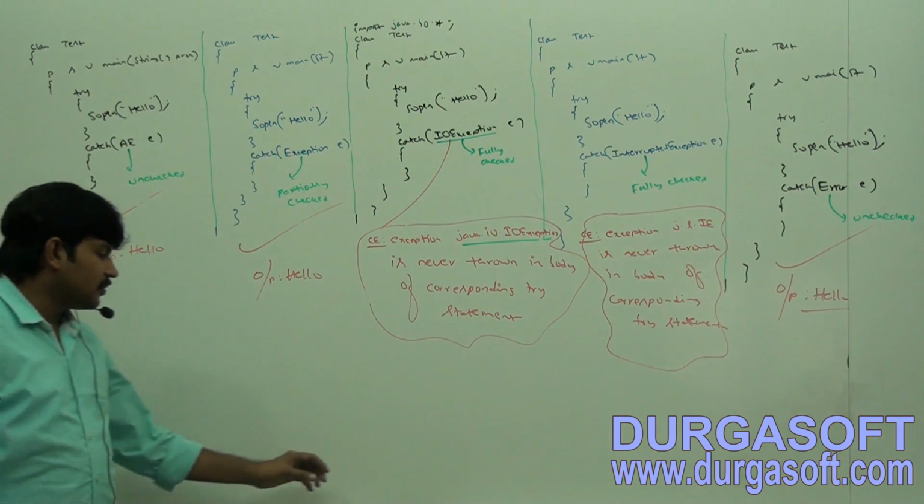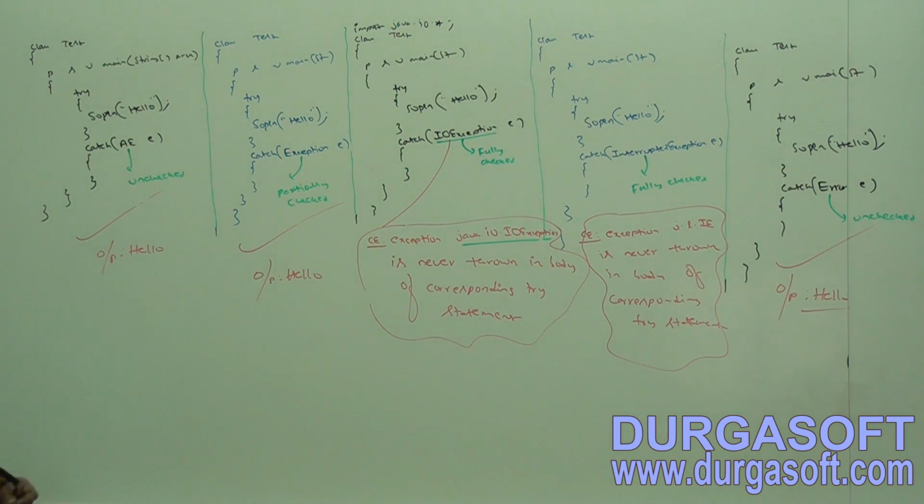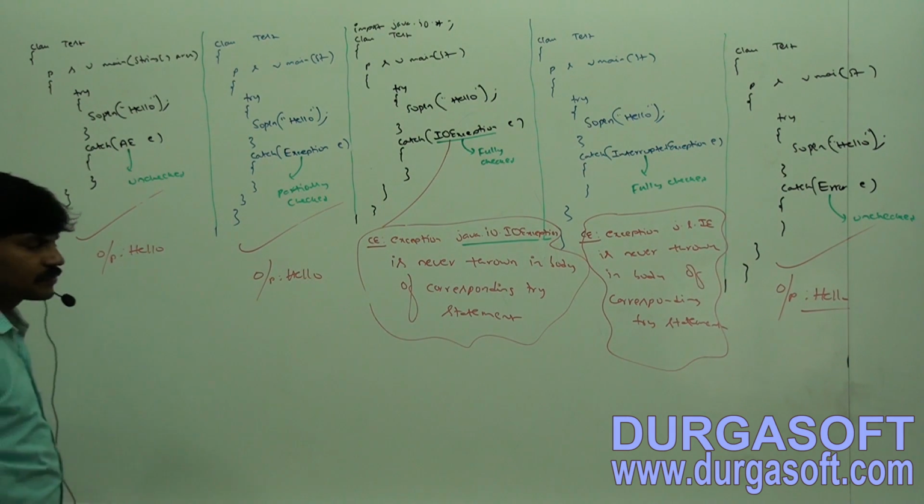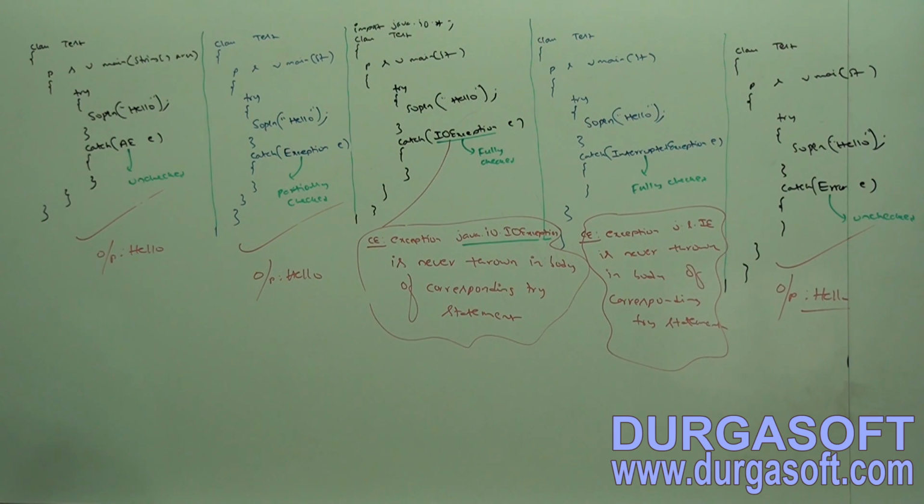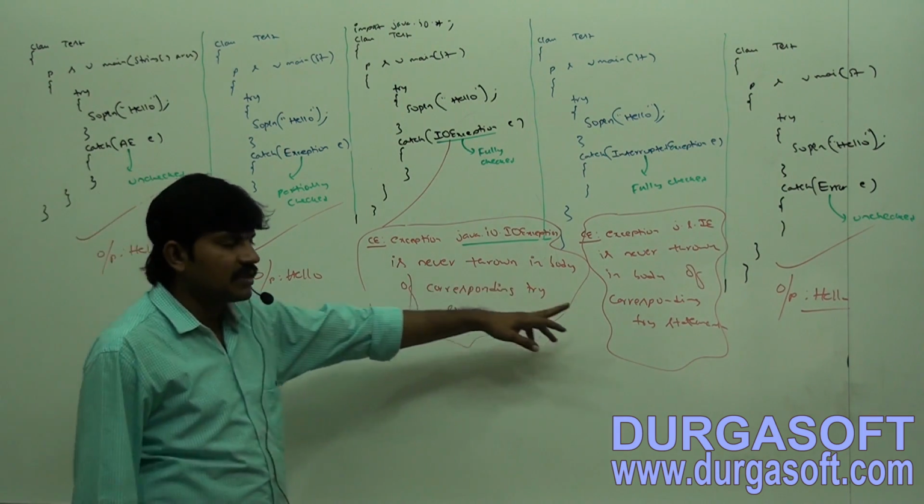That's all. Exception java.io.IOException is never thrown in body of corresponding try statement. That's the last example also. Have we taken it right? Only in two cases are we going to get a compile time error. That's all.